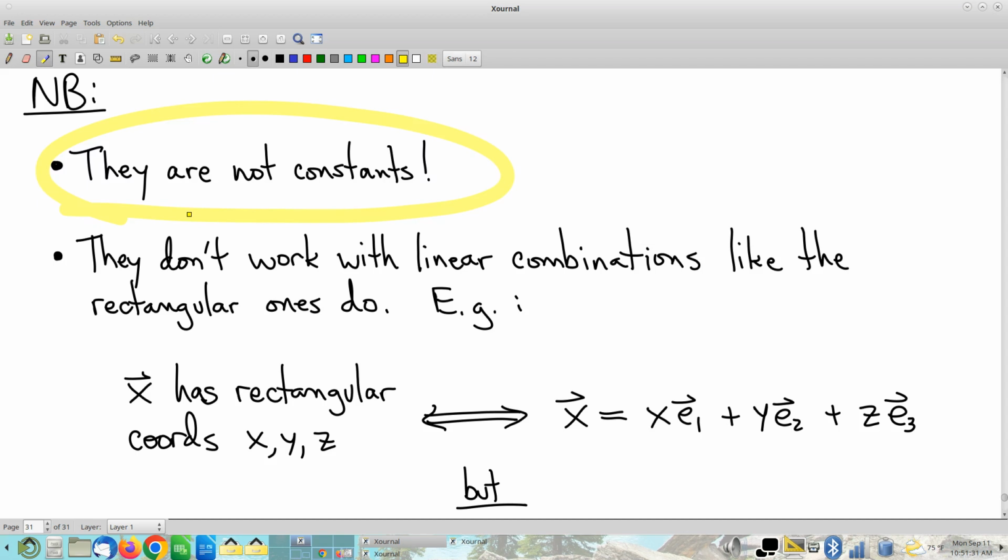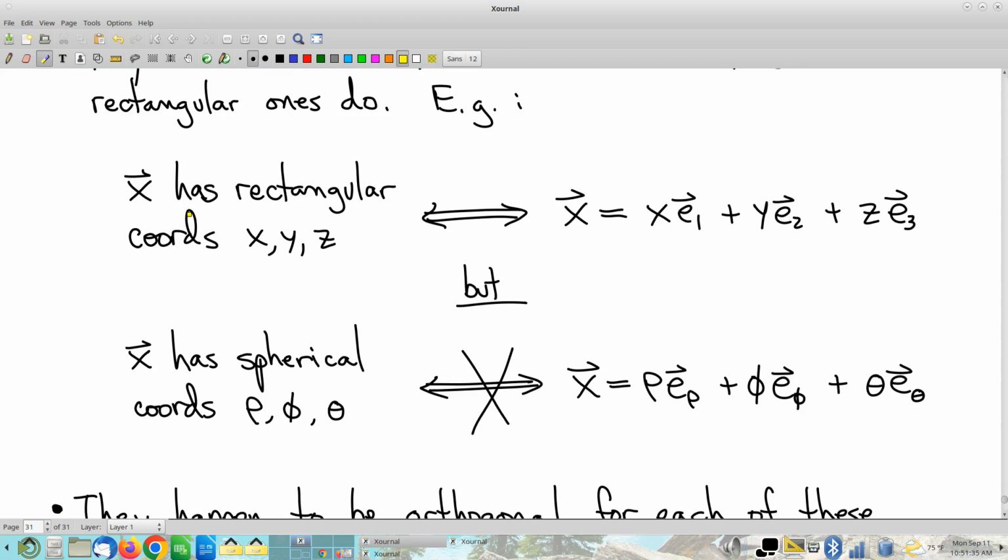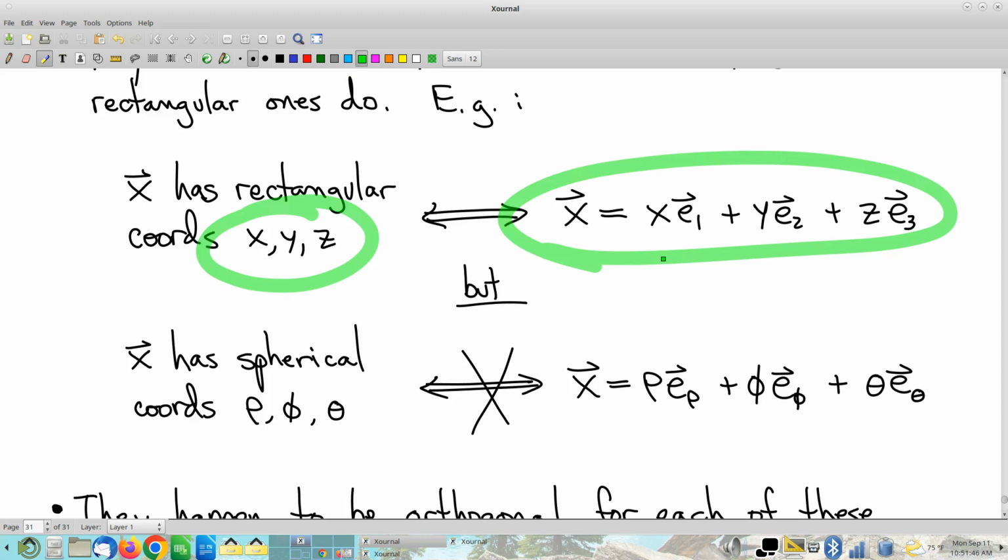So that's a disappointment. You don't get nice conveniences such as, like here, it's just basically a given that if you have a point with rectangular coordinates, then that tells you how to write it as a combination of standard basis vectors. This works great in rectangular coordinates.